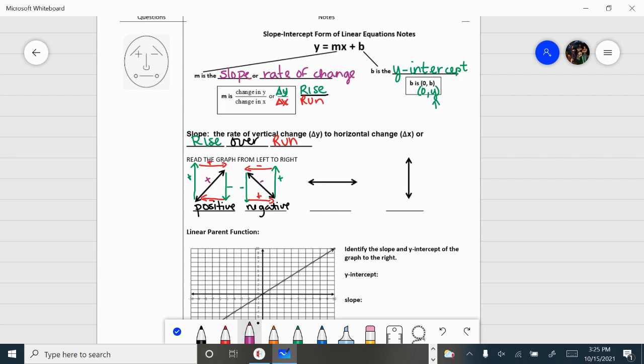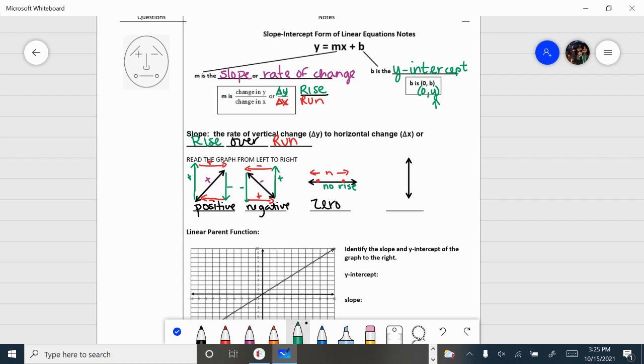The other 2 slopes that we've talked about previously are our zero slope and our undefined slope. Now, zero slope has a run, whatever value you want to give it. It has a run, but there is no rise. So when we do rise over run, we get a zero slope. Okay.